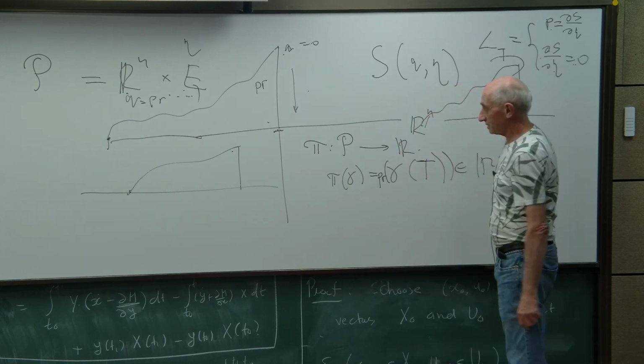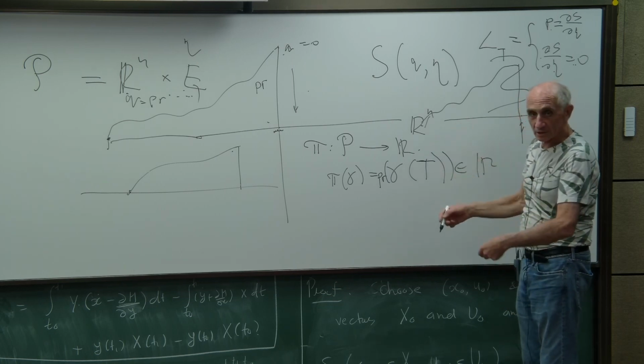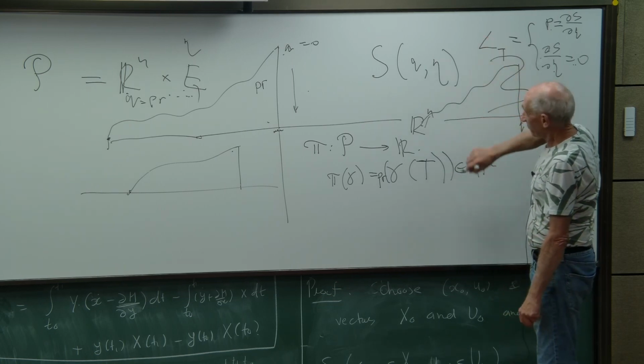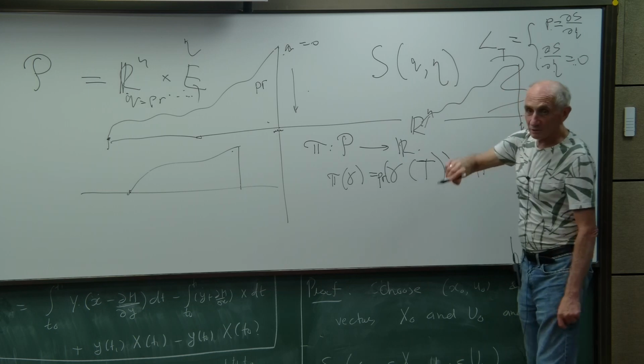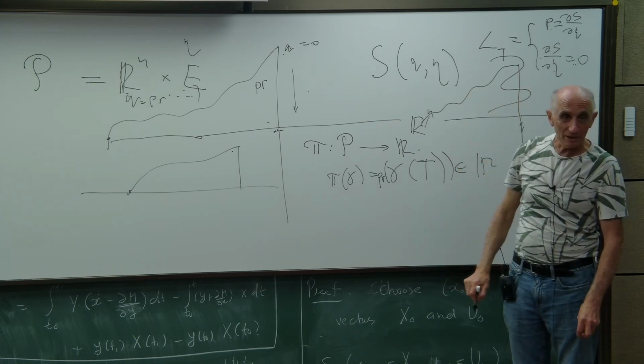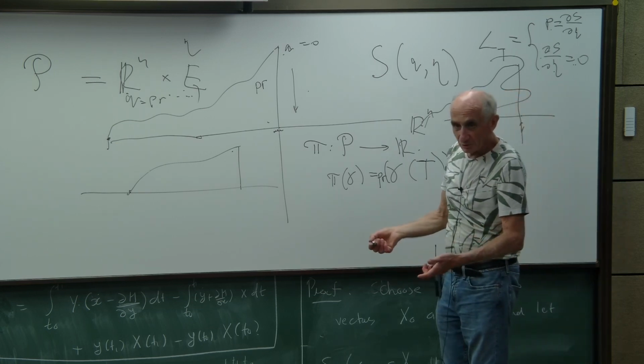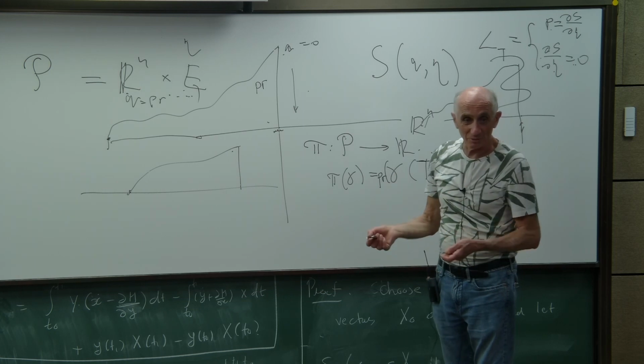Now I just want to add one more thing. I claim that this is a function quadratic at infinity. So let's check why this is a function quadratic at infinity. Of course, this will not be rigorous because it's an infinite dimensional space.